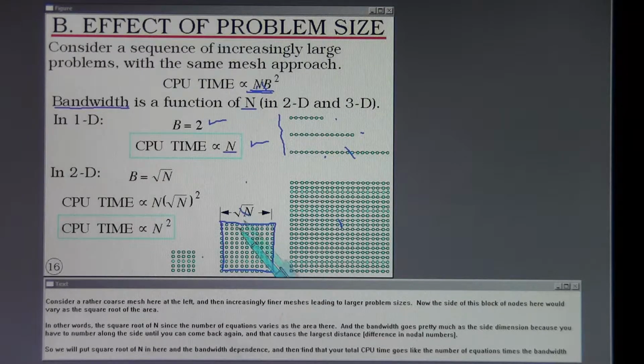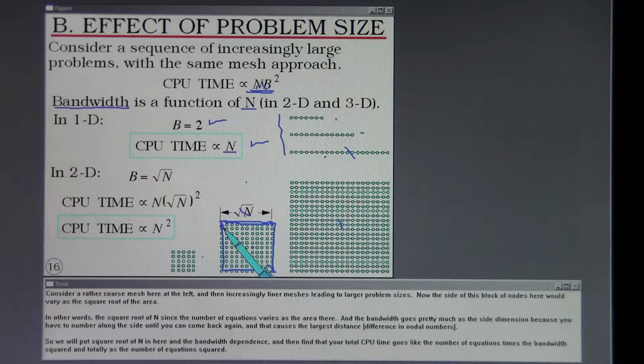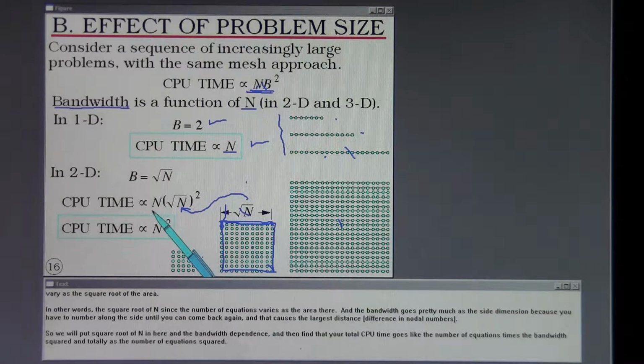And the bandwidth goes pretty much as the side dimension, because you have to number along the side until you can come back again, and that causes the largest distance. So we will put square root of n in here in the bandwidth dependence, and then find that your total CPU time goes like the number of equations times the bandwidth squared, and totally as the number of equations squared.